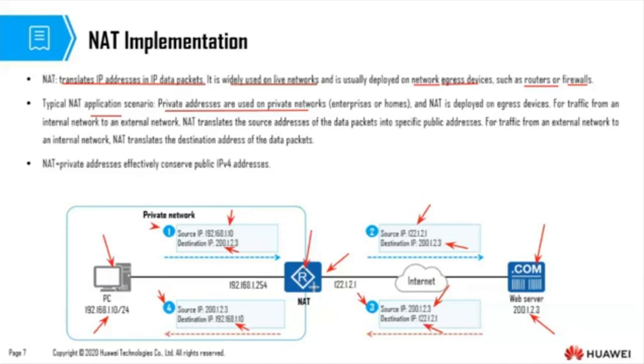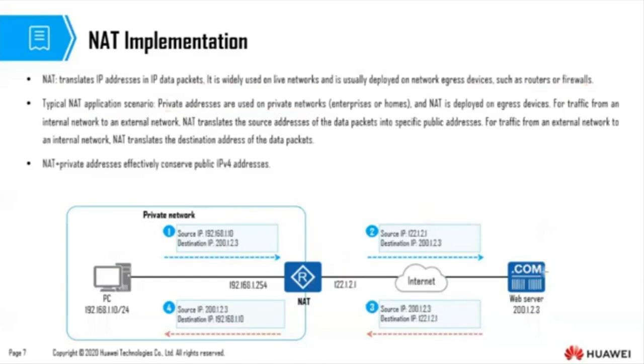Are we together? Yeah. Now, you remember we said that people on the public network cannot reach our private network, right? What that means is this web server cannot send a packet directly to this guy. They can't generate a packet with the destination IP address 192.168.1.10.